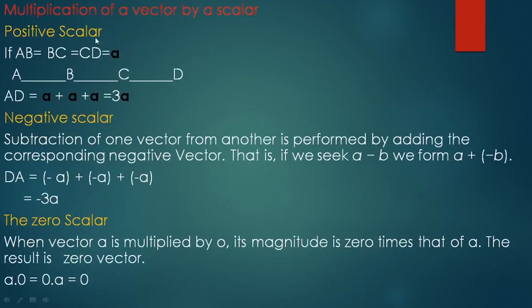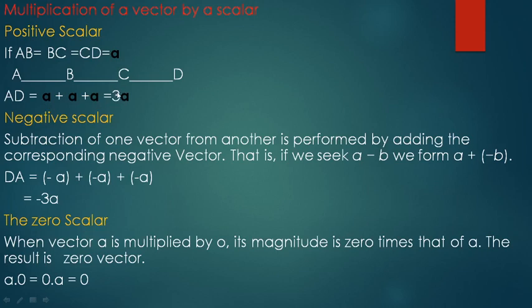Multiplication of vectors by a positive scalar. Assume AB equals BC equals CD equals A. That is, A to B is vector A, B to C is vector A, C to D is vector A. So to get from A to D, it is A plus A plus A, which is 3A.